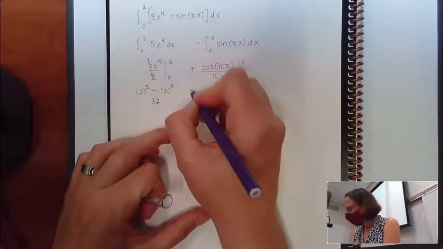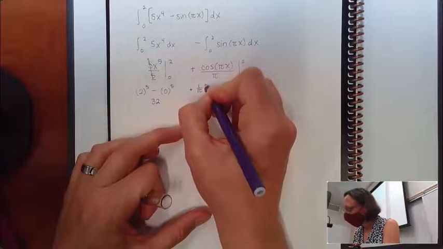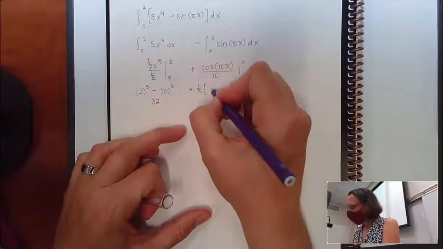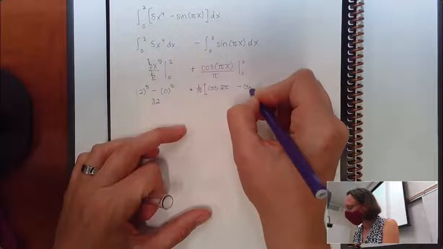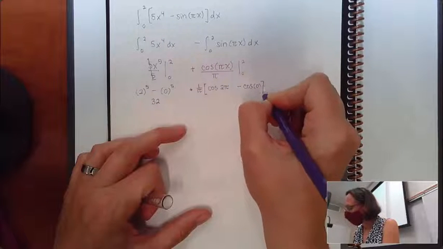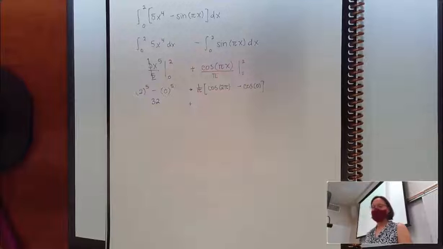Don't have to do this, but I'm going to think about that 1 over pi separately. And then this will look like cosine of 2 pi minus cosine of 0. Now I would say both of those are numbers we're supposed to know.